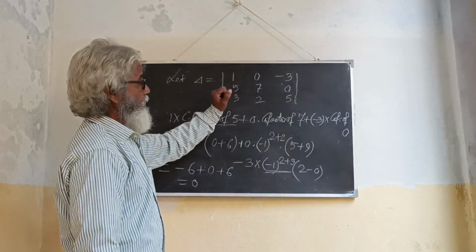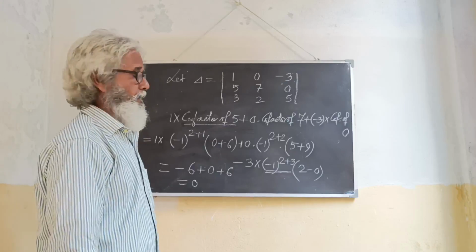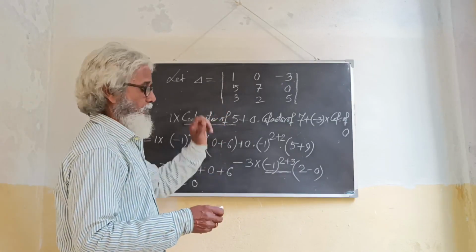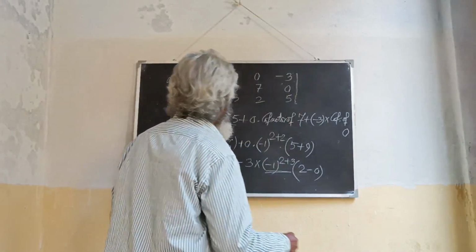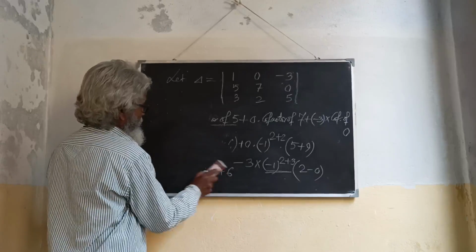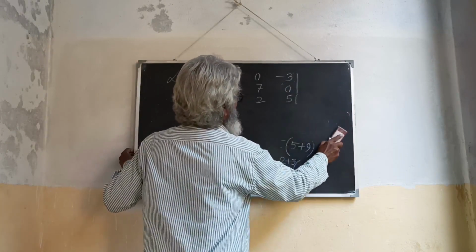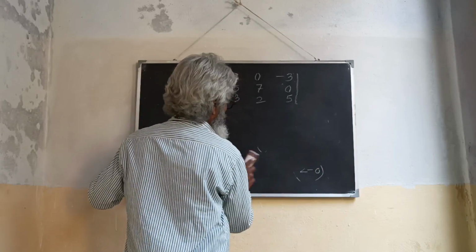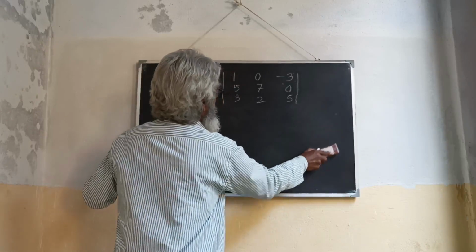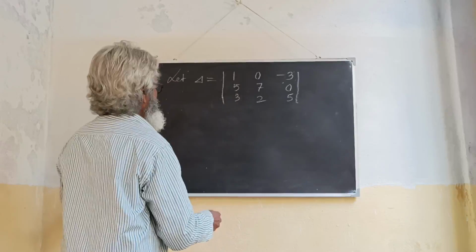So for this problem, chosen at random, I established the property by using this example. Now one may consider, because I have written in the bracket 'or column', the elements of first column.